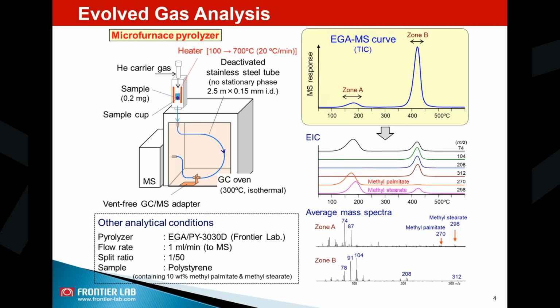If you compare the data collection mode, in TG we are constantly measuring the weight of the sample in the microbalance, and we estimate the weight loss information. In EGA, we are constantly measuring the compounds that are evolved while heating the material from low temperature to high temperature. So we are not really looking into the remaining material.